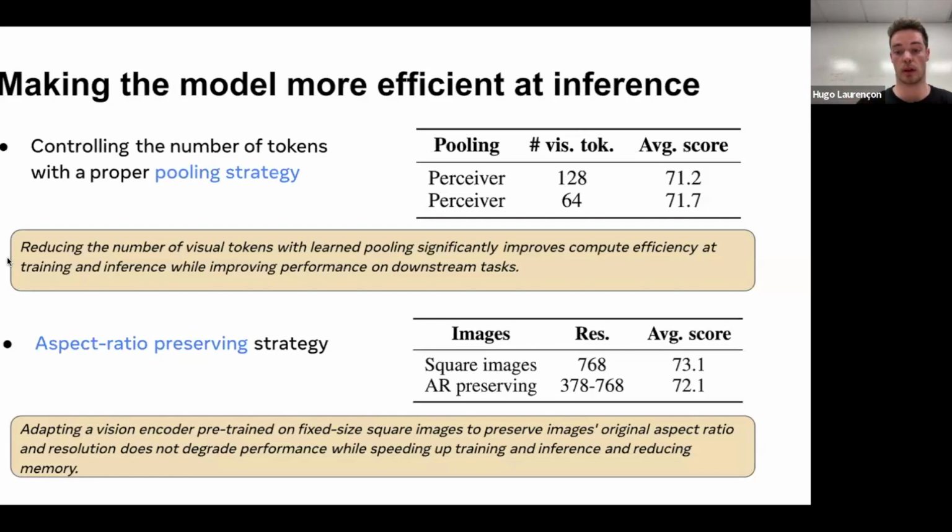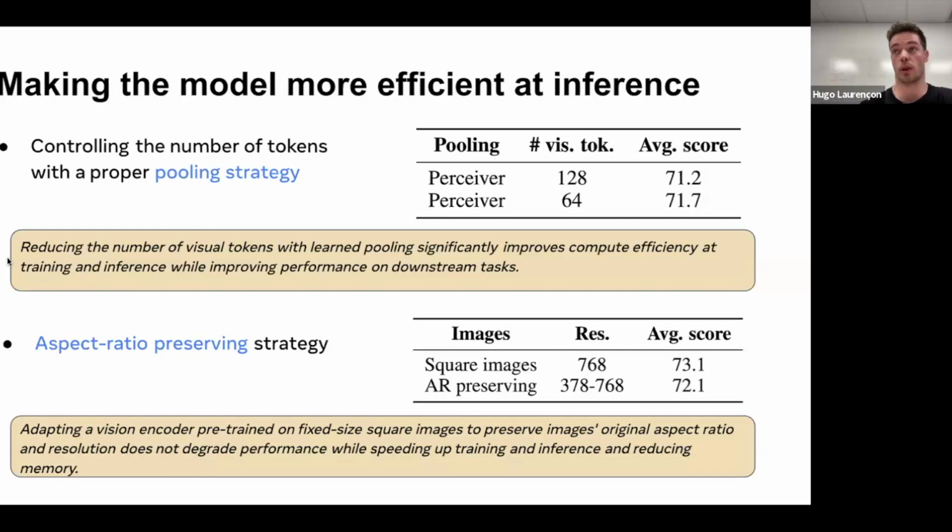And then it can be inefficient during the training and also at inference. So you would like to find a certain type of pooling that can reduce this number of visual tokens. So we tried very simple approaches like an average pooling or mean pooling, but that didn't work quite well. And in the end, what we use is a perceiver resampler.